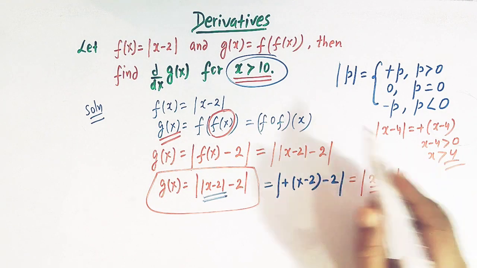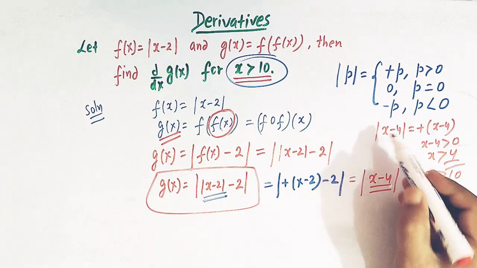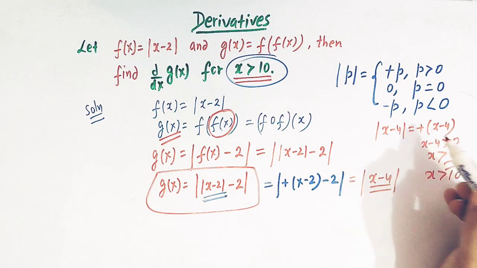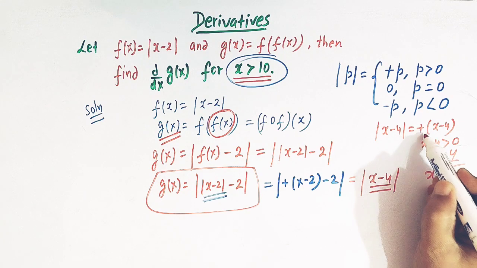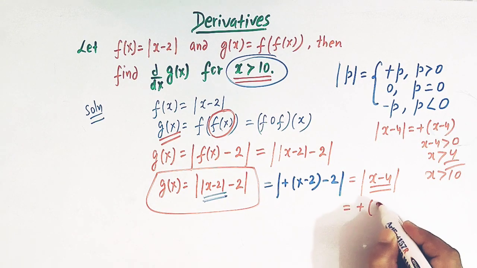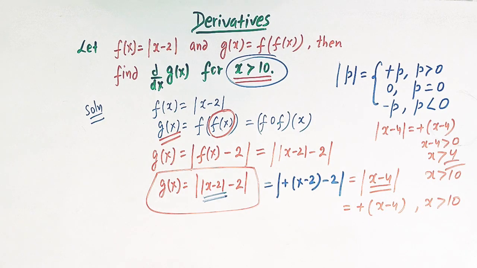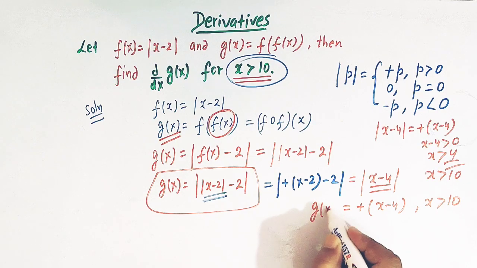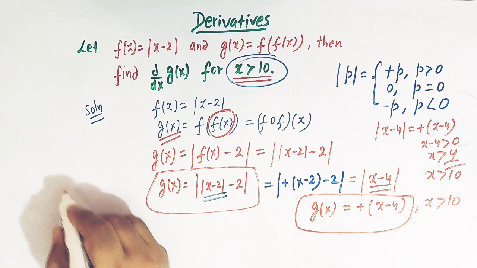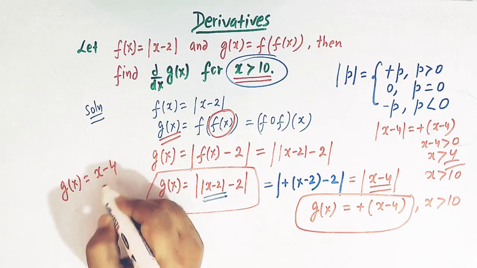So whenever x is greater than 10, then this quantity mod of x minus 4 should be equal to positive x minus 4, right? So we can now write positive x minus 4 whenever x is greater than 10. So the function g of x finally takes this form, right? So g of x is equal to x minus 4.